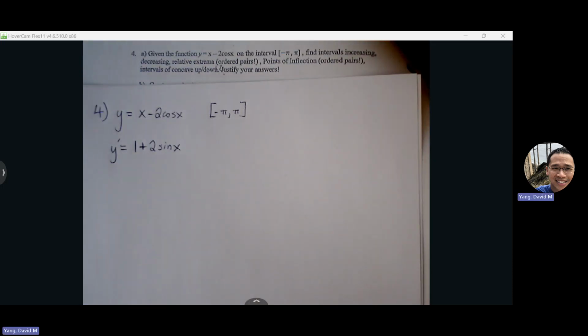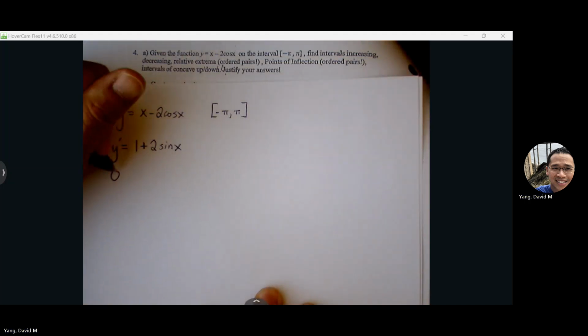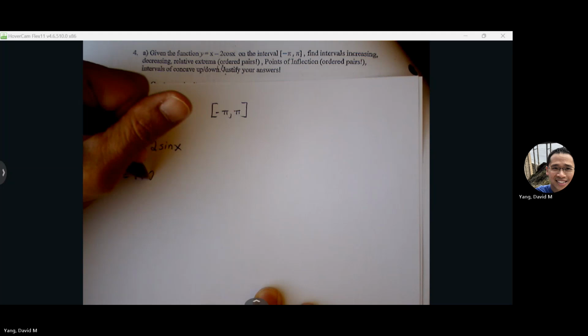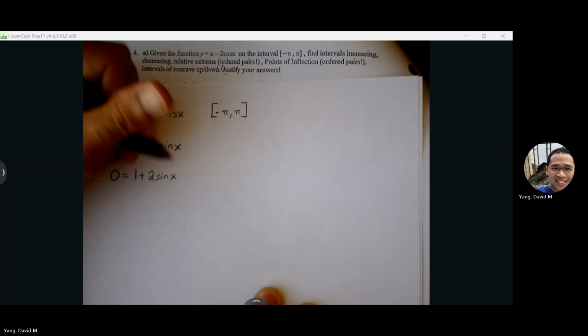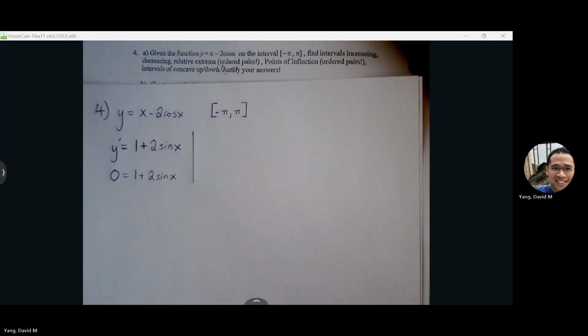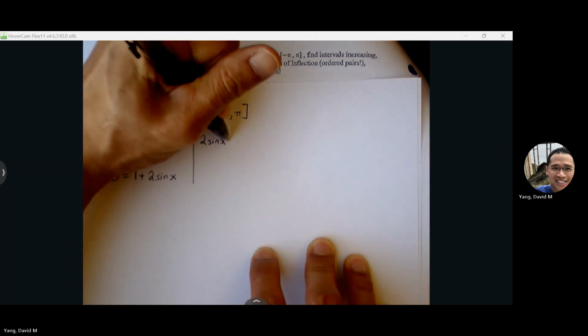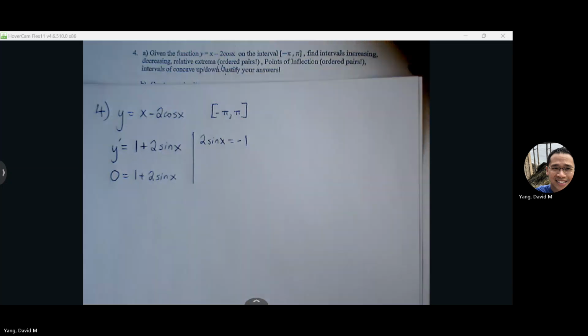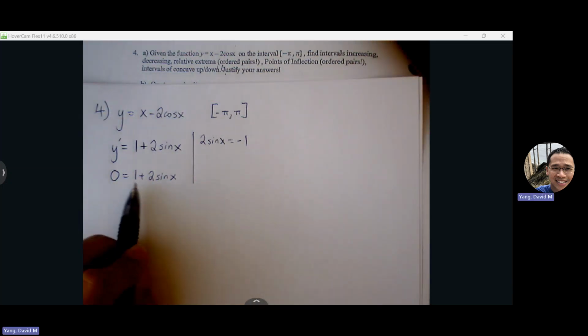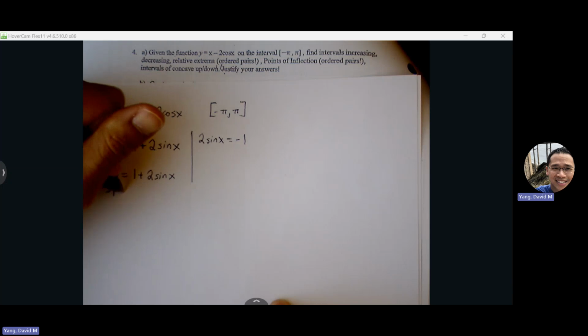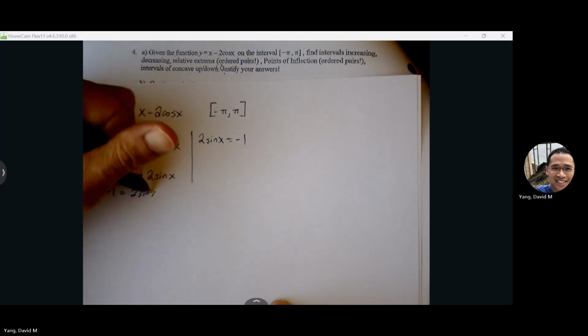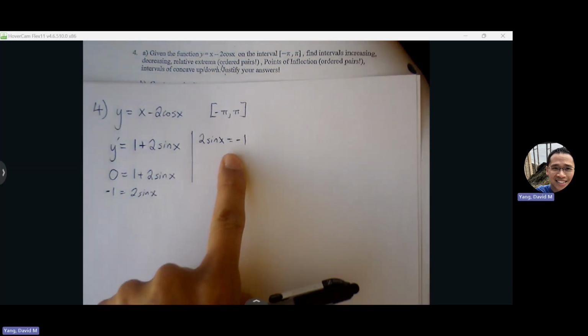After we find y prime, for the critical points, set y prime equal to 0. So subtract 1, it's negative 1 is equal to 2 sine x, which is the same thing as saying 2 sine x equals negative 1.